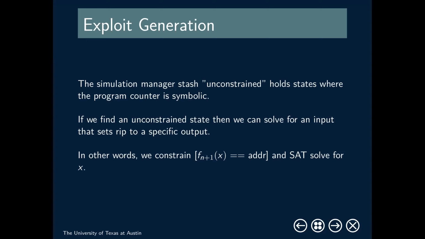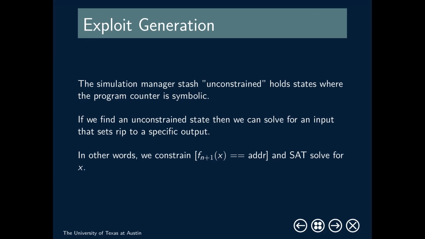Then we can SAT solve for the input that sets RIP to a specific output. So we take our unconstrained state, we add the constraint that f of n plus 1 of x is equal to whatever address we want, and then we SAT solve. And this is either going to give us an input that will make f of n plus 1 of x be this address, or it's going to say, hey, there's no such input that does this.